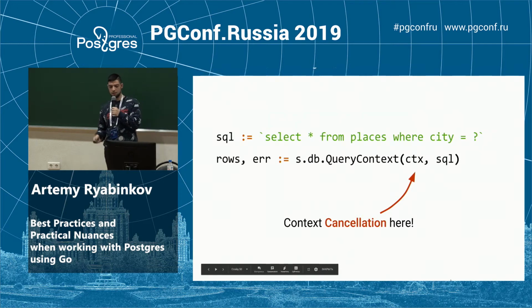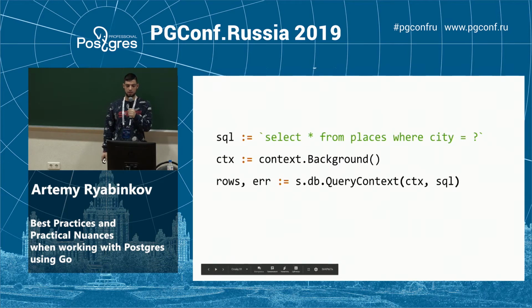And here, our implementation of the driver supports the client's cancellation of the query. That means when you cancel the query, you cancel also the pool and the readiness for query, and the driver reads everything and everything falls.